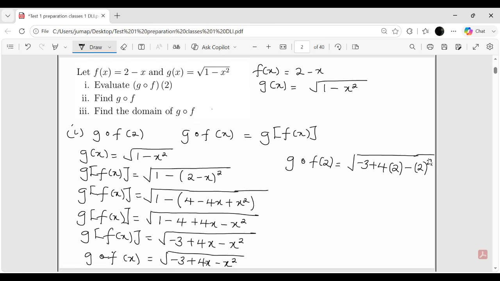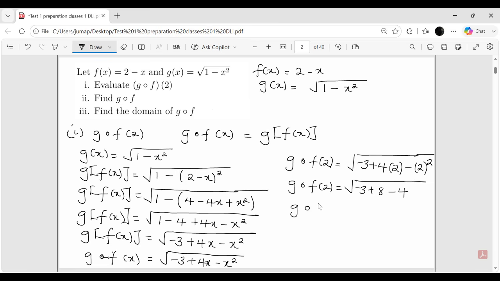When you have that, you simplify further and say g of f of 2 is equal to the square root of negative 3 plus 8 minus 4.